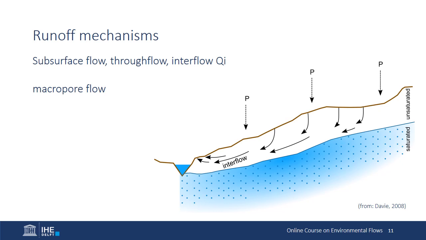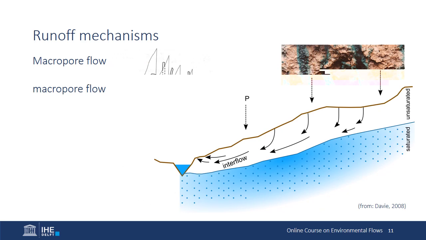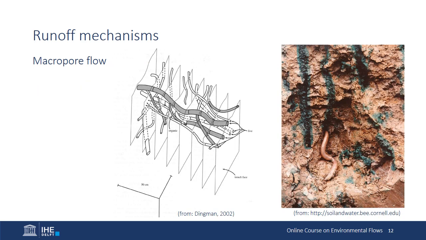Often that is combined with macropore flow. Macropores are conduits, usually in the order of a couple of millimeters, produced by earthworms and bioactivity in the soil that forms a connected network in the subsurface which can transport water in a relatively fast way, faster than the matrix flow towards the stream channel.